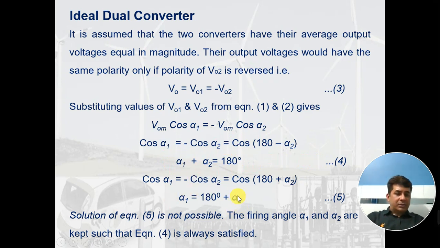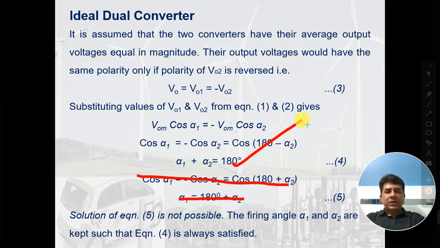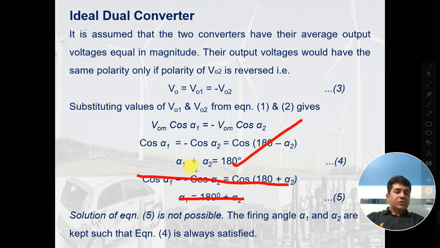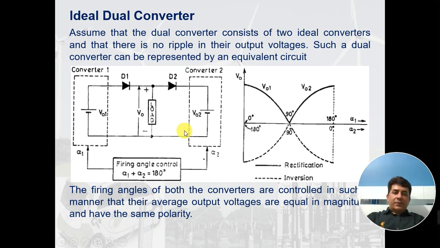We can also get this other solution, but this solution is not possible, because for any thyristor the firing angle cannot be more than 180 degree, and if alpha 2 gets added to 180 degree, it will be more than 180 degree. So this solution goes invalid. This is the only valid solution. So alpha 1 plus alpha 2 is equal to 180 degree. This is the only solution which gives you the operation of this dual converter if 1 and 2 are operated simultaneously.